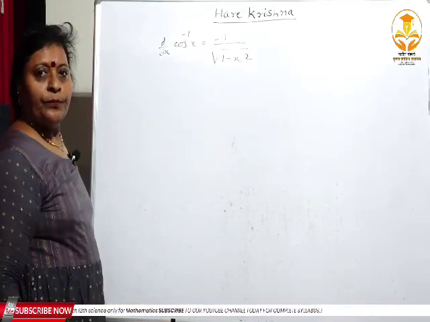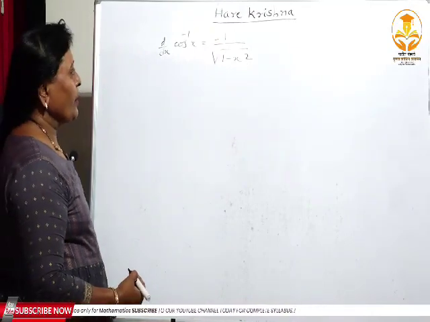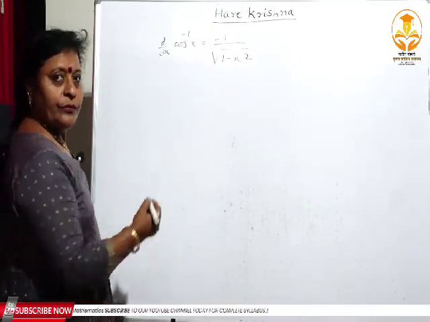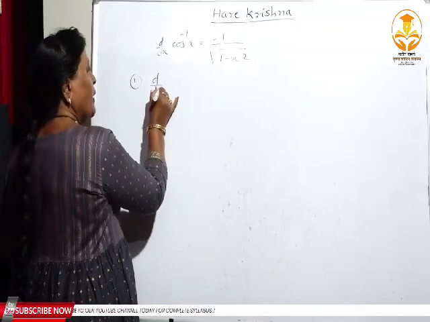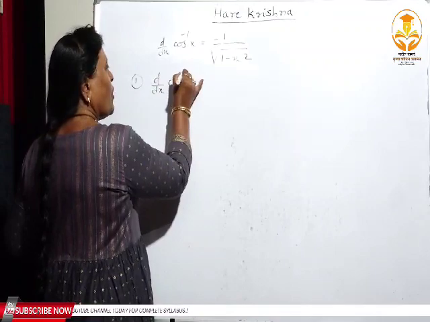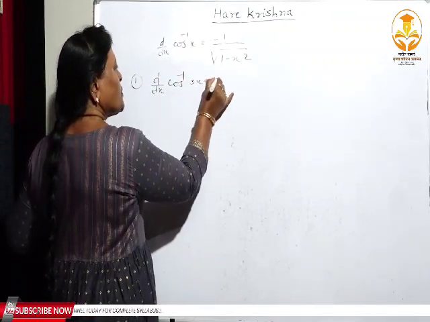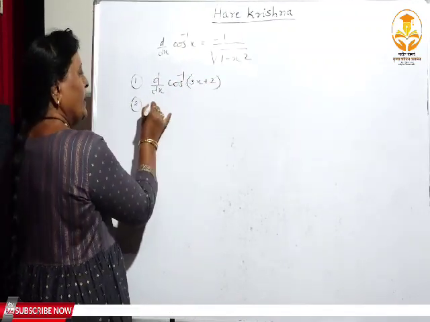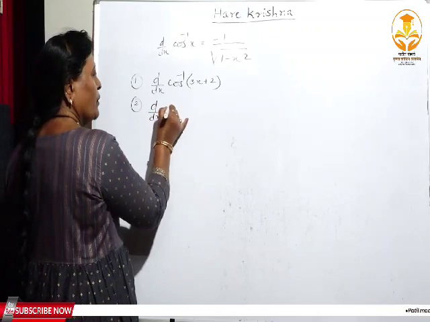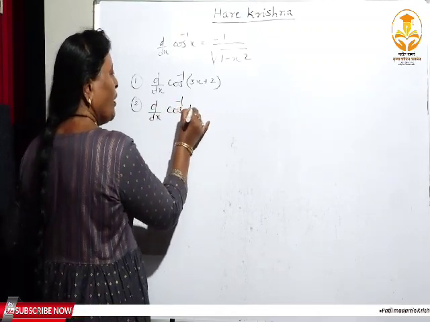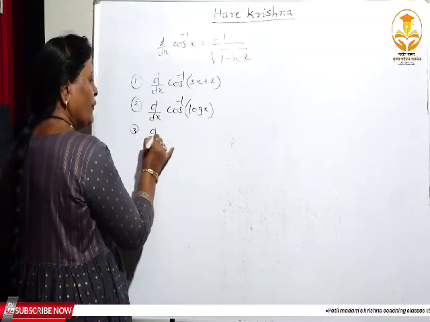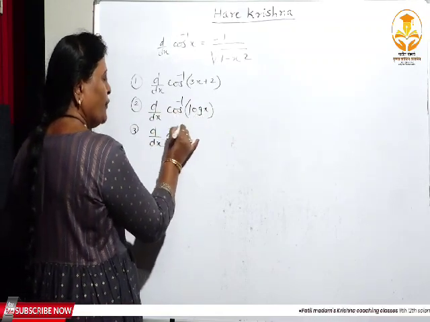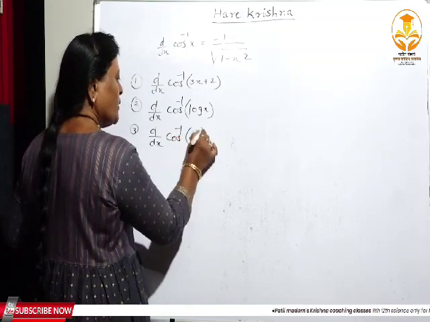Again take the simple problems. d/dx of cos inverse of 3x plus 2. Second one, d/dx of cos inverse of log x. Again, d/dx of cos inverse of a raised to x.